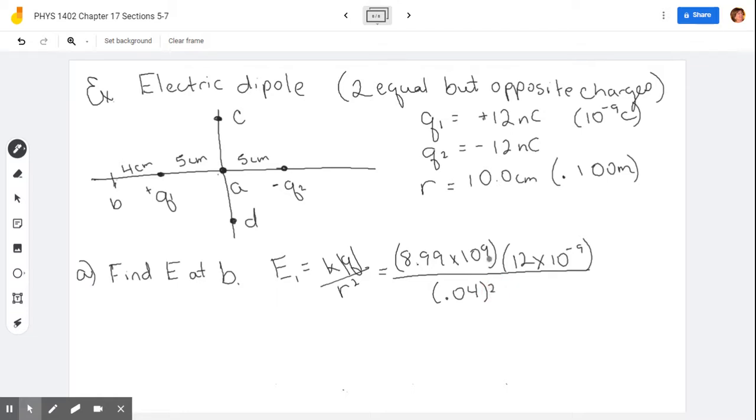If I get my calculator and type that in, 8.99 times 10 to the 9th times 12 times 10 to the negative 9, all divided by 0.04 squared.